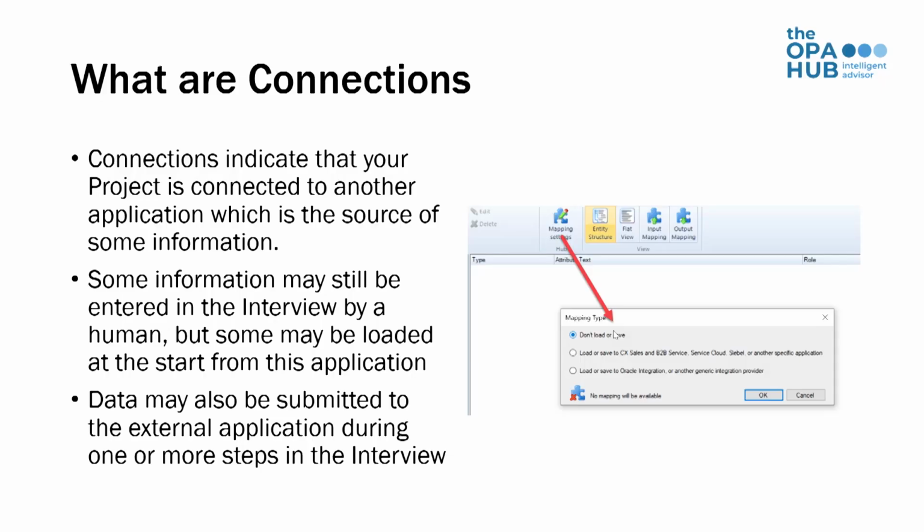Connections are, at a simple level, some form of connectivity with the outside world. You'll remember from your very first sessions with Intelligent Advisor that Intelligent Advisor doesn't store any data anywhere. It expects you to have a benefit management system or a customer management system.